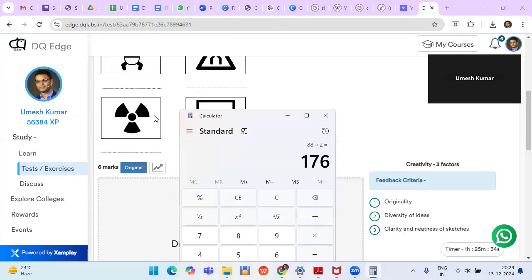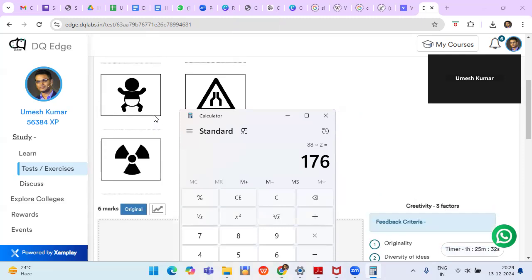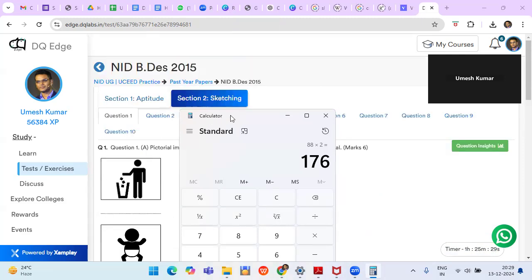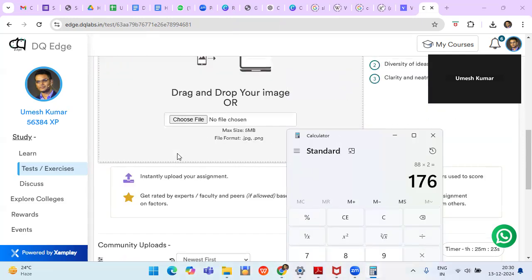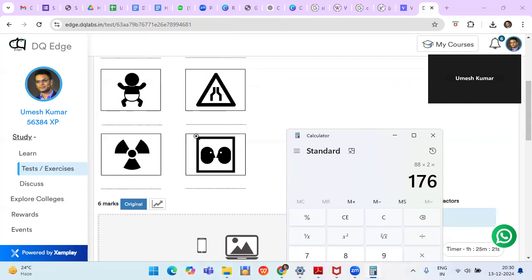Is this correct? The total sketching paper is for 88 marks. Did anybody calculate? Did anybody approach the paper in this mode? No, sir.